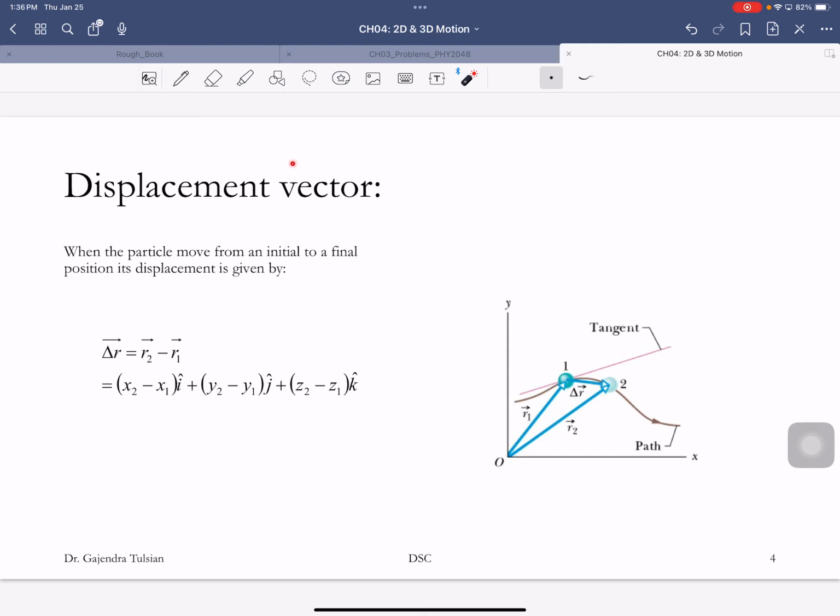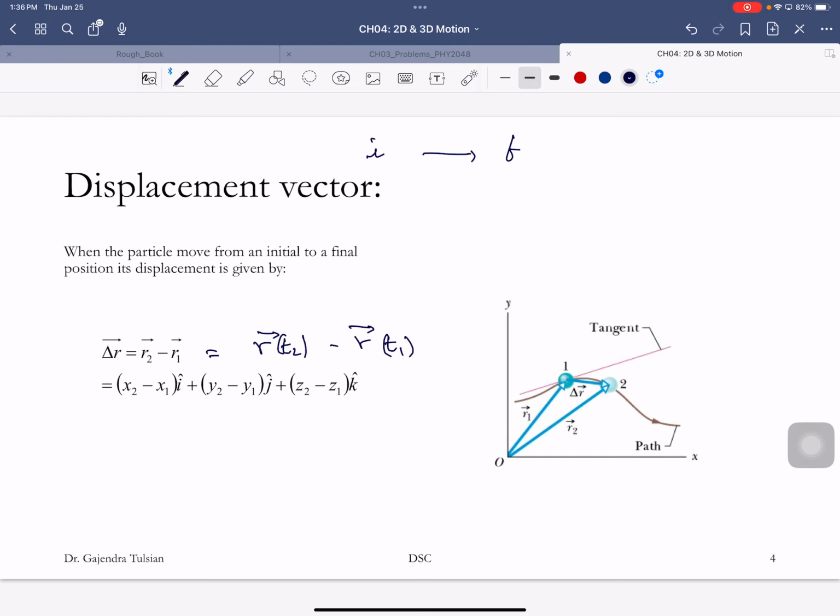The displacement vector is a vector pointing from your initial point to the final point. So let's say you were here now and you're there later. This is your initial position, there is your final position, and the displacement vector is that vector. And this is R2 at time t2, so you can write this as R at time t2 minus R at time t1.